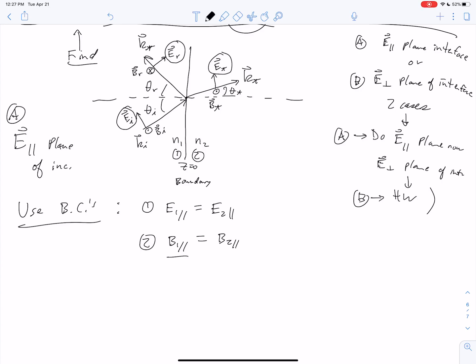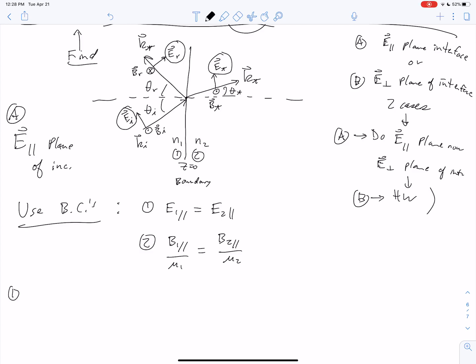So B1 parallel divided by mu1 is equal to B2 parallel divided by mu2. We'll use these two equations, and let's do equation 1 first.